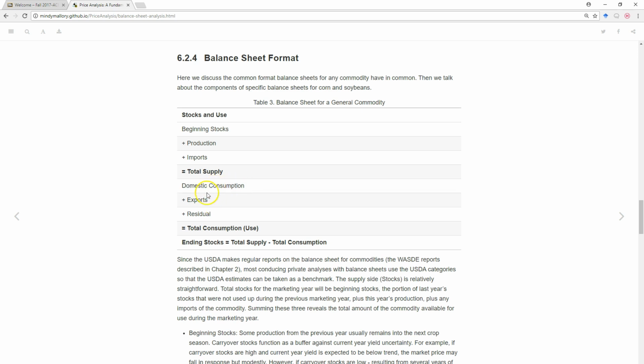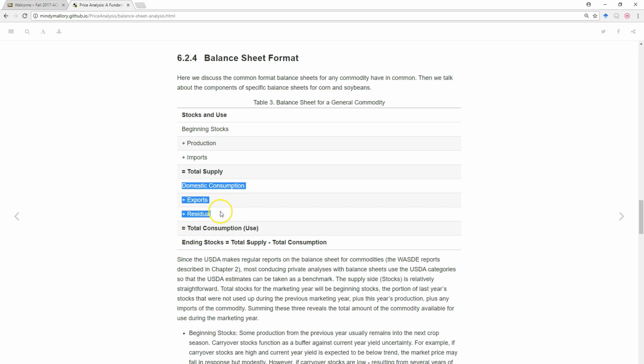So how much do we use ourselves? The next row is how much do we send to other countries in export, and then residual, which we'll talk about in the example below. But it's basically, okay, we know how much supply we have, we know how much we used in this country, we know how much we used as export, and then one of the rows we just calculate as the difference between those. I'll give you a very specific example of that in a couple minutes.